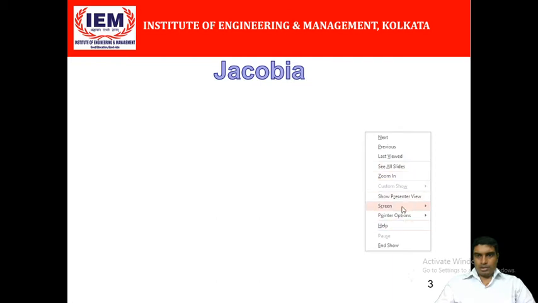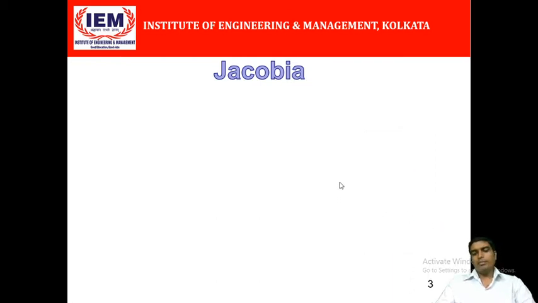So let us start with this Jacobian by taking some example. Suppose in one variable integration, there is an integration of some function, let's say f(x) dx. Sometimes it is easier if you change the variable.